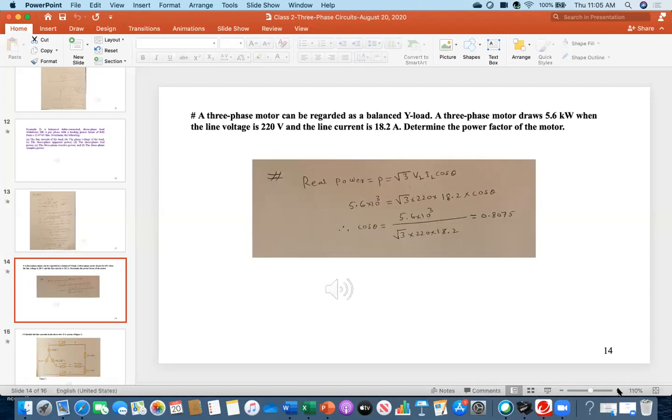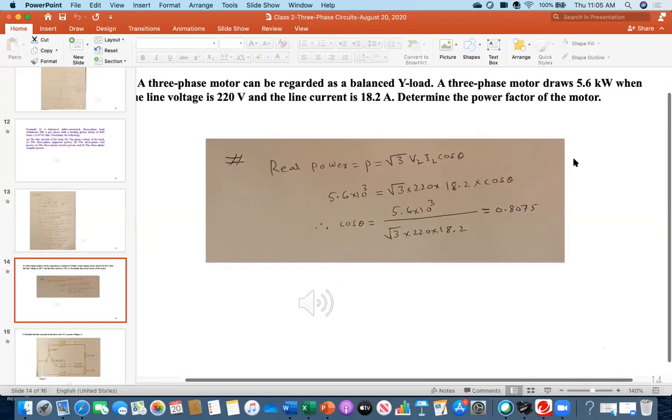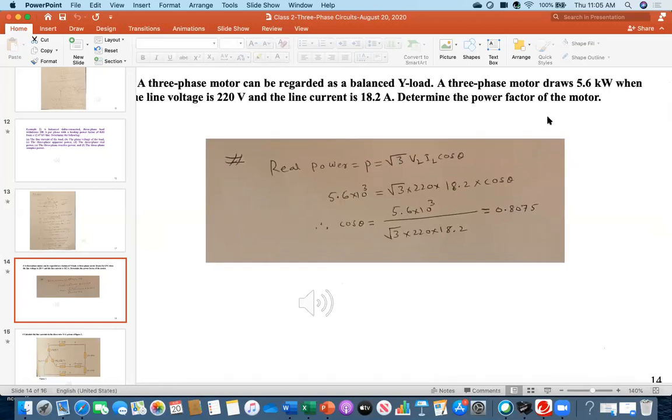And then just substitute those numbers. P value is 5.6 kilowatt. This is root 3. V_L value is 220. I_L value was 18.2. You have to find out the power factor, meaning cosine theta. So finally cosine theta is 0.8075. So everybody fine with this one?